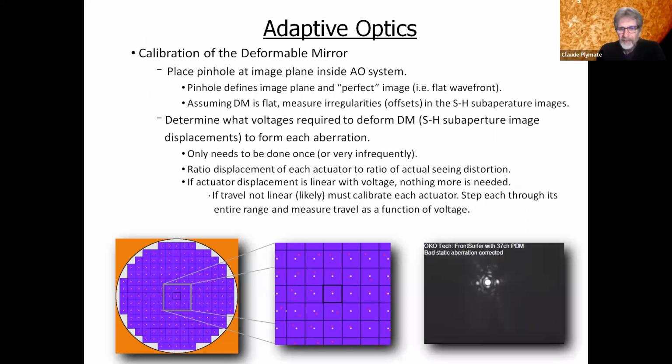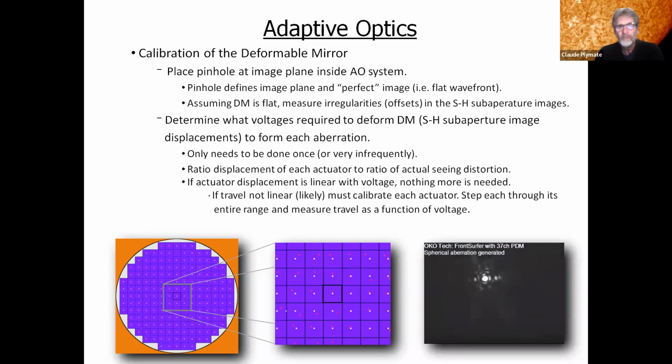And now, how do you calibrate a deformable mirror? Now, adaptive optics, what we are doing, of course, as we keep saying, is we're taking an aberrated wavefront down, and out of that, we're creating a sharp image. To calibrate the system, we kind of do the opposite. We work backwards.